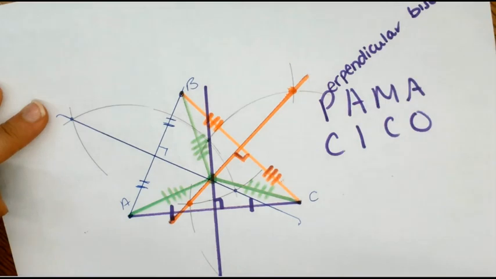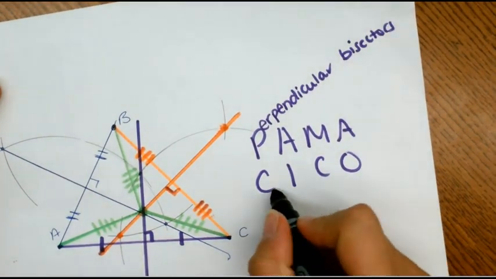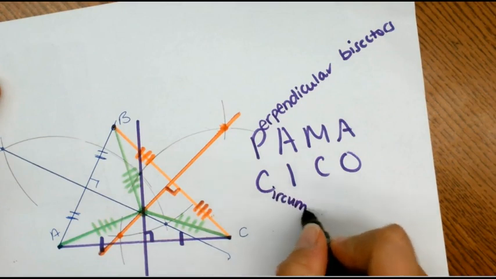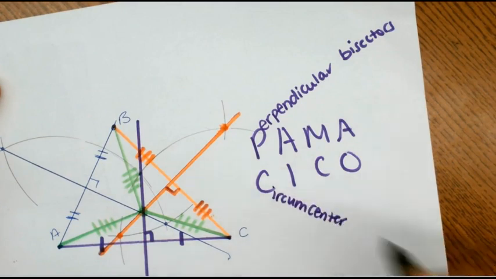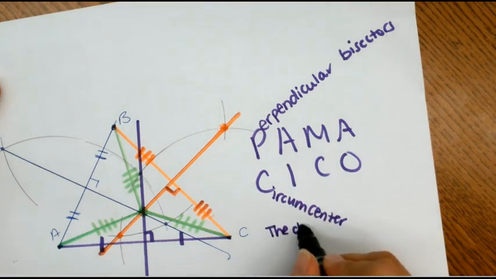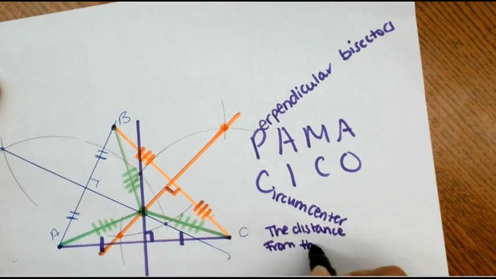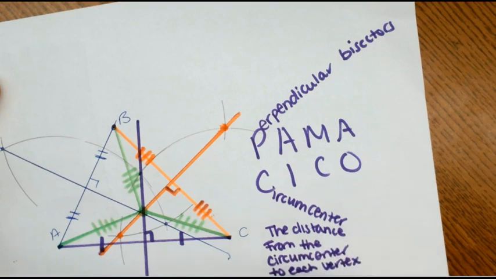And what's important about your perpendicular bisectors is that they meet at the circumcenter. Okay, they meet at the circumcenter, and the distance from the circumcenter to each vertex is equal.